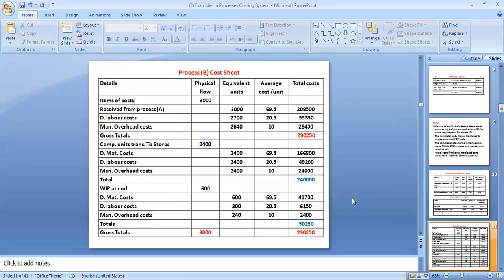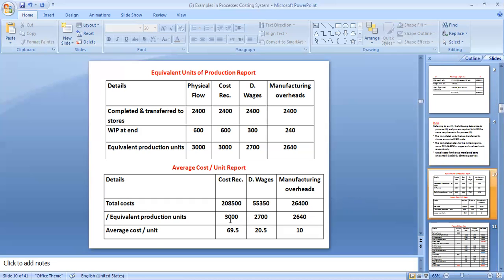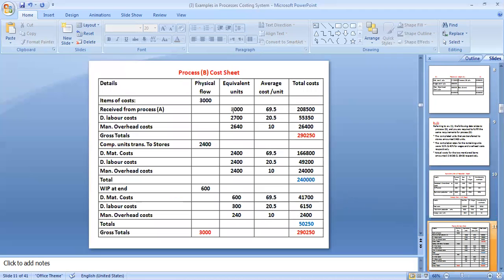Now, as I told you, you multiply the 69.5 and the 20.5 and the 10 by the equivalent units in the row before to get this cost in the first part of the cost sheet. These are the equivalent units times the average cost per unit, which gives you the total cost of the period.